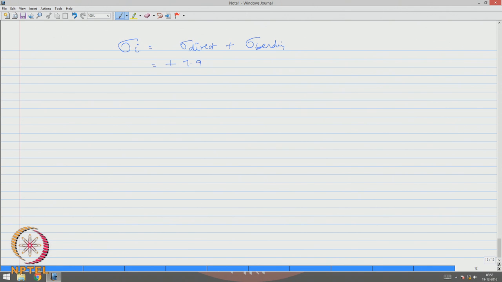Stress direct is tensile 7.96 plus stress bending at section BB, which is M B by A E, y I by R I, which will be plus 7.96 plus 54,507.04 divided by 314.15 and E is 0.4196, and this ratio is y I, distance of inner fiber 9.5804, divided by R I, which is 50.